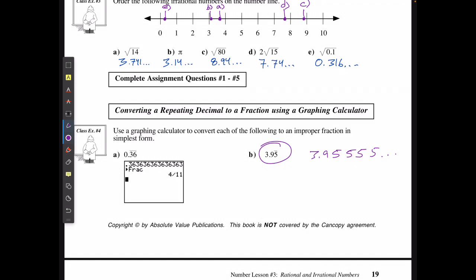Some of you have a fraction to decimal button, whatever it happens to be on your calculator. This one I can see is 4/11, and this one would be the same as 178/45.